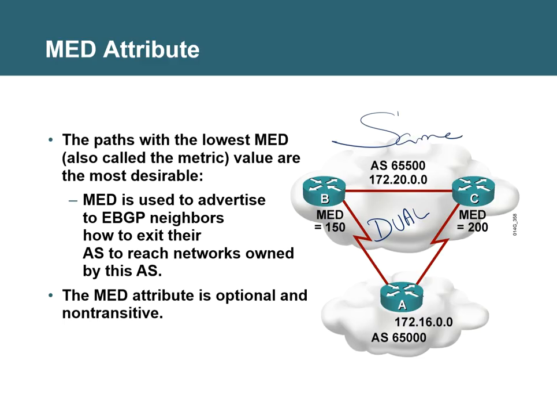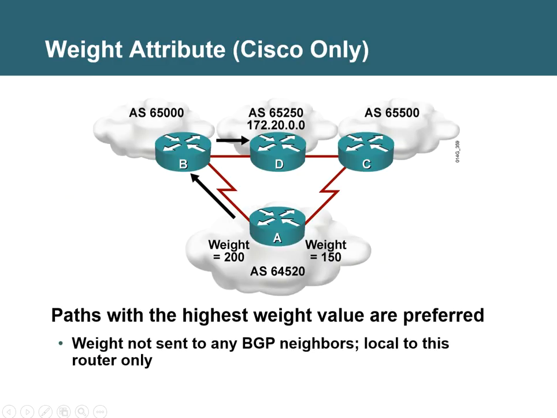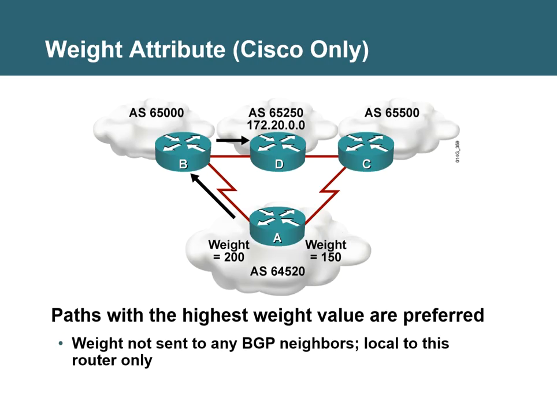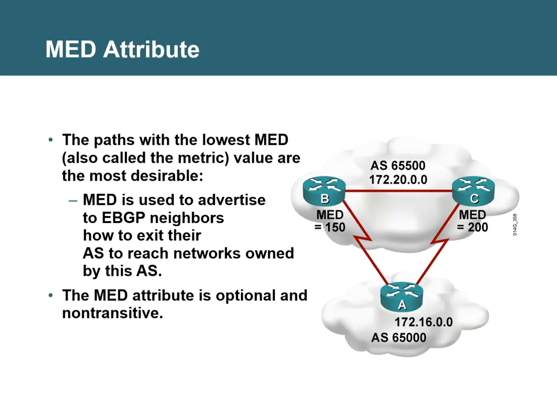If it is to different autonomous systems, we call it multi homing. Only in a dual homing scenario will you need it, and that too after attribute number 5. So there is less chance of MED-based path selection.